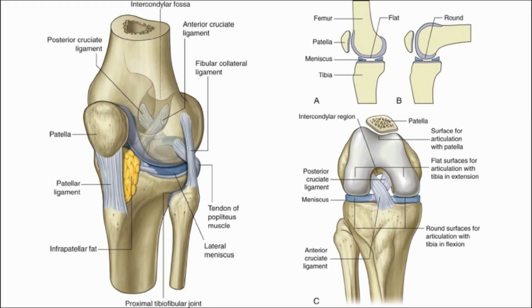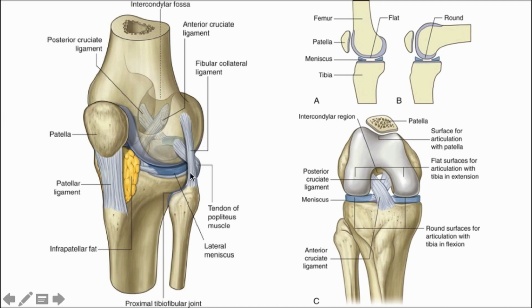It also has pretty detailed movements and how it works together. As basic as you want to say it, it's a hinge joint. So mainly you get flexion and extension. And like all hinge joints, the knee is reinforced by collateral ligaments, right?